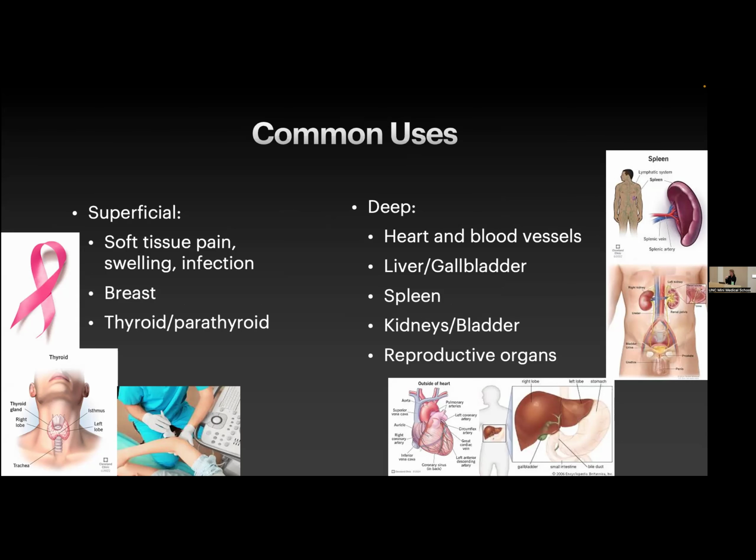Ultrasound is very commonly used with breast imaging, especially if you have a screening mammogram and they see something that they want to investigate further, ultrasound might be your next step to see if there's any sort of breast nodule or any breast cyst, for example.